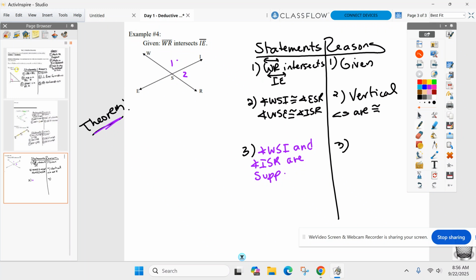Well, straight angles equal 180, but what do we call the angles that make that straight angle? Linear pairs. Everyone remember those. So anytime you tell me angles are supplementary, here's your reason. Linear pairs are supplementary. And if you go back and look at your Unit 1 packet, these are the only two theorems that we wrote down, and that's what I want in the reasons column.